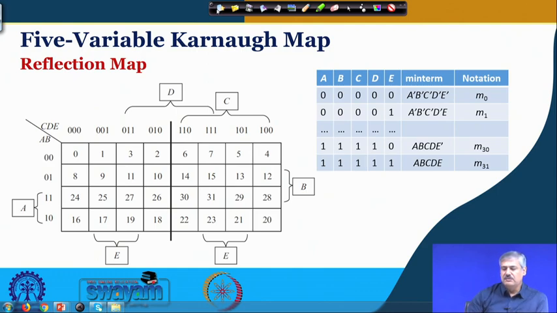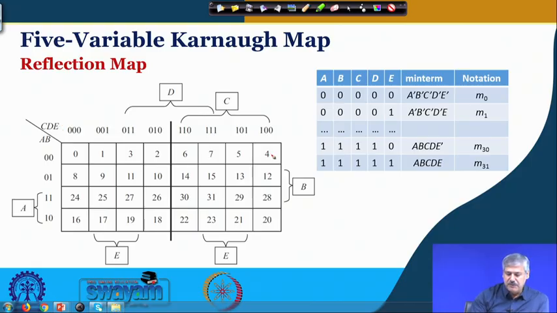The minterm numbering in the specific cells is what you see over here: 0 1 2 3. A is the most significant bit here, and E is the least significant in the binary representation that we are showing.